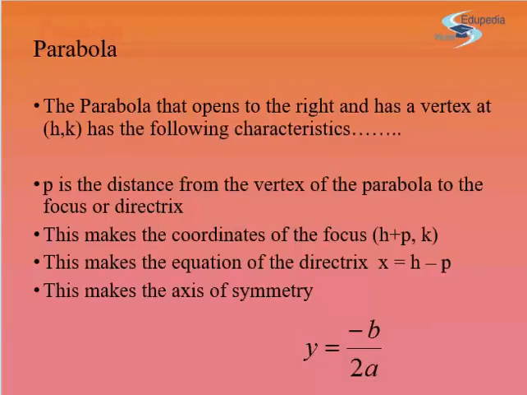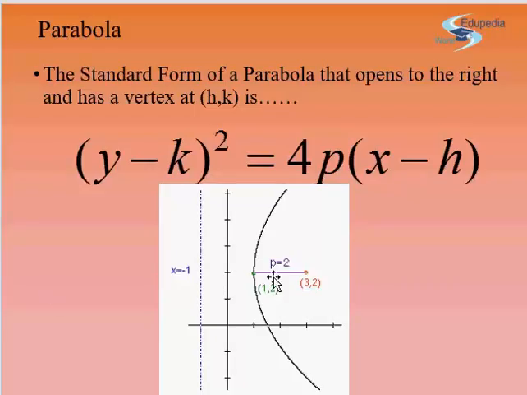So moving on now, we see exactly the same thing that I told you before. That is that p is the distance from the vertex of the parabola to the focus and the directrix, which would make the coordinates of the focus h plus p comma k. If you look over here, this point is h comma k, where h is the x value, right? h plus p comma k is the focus.